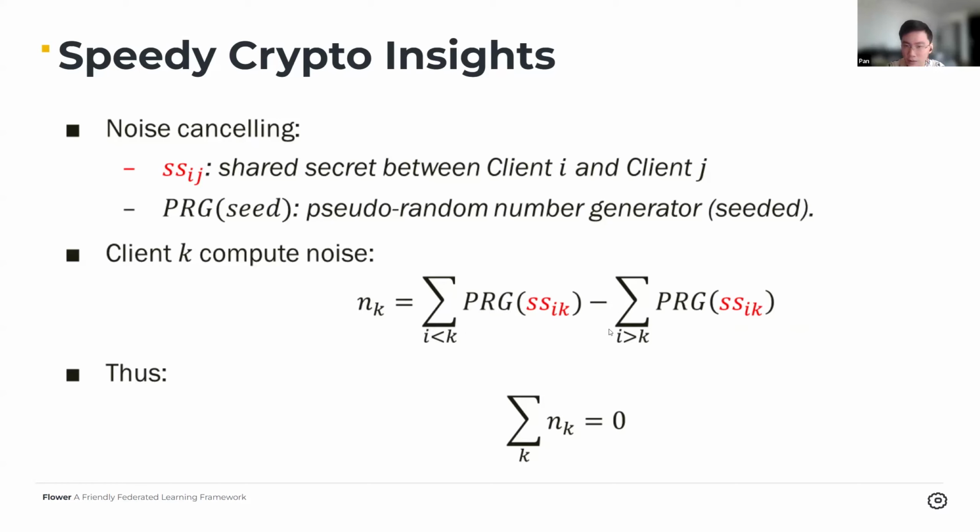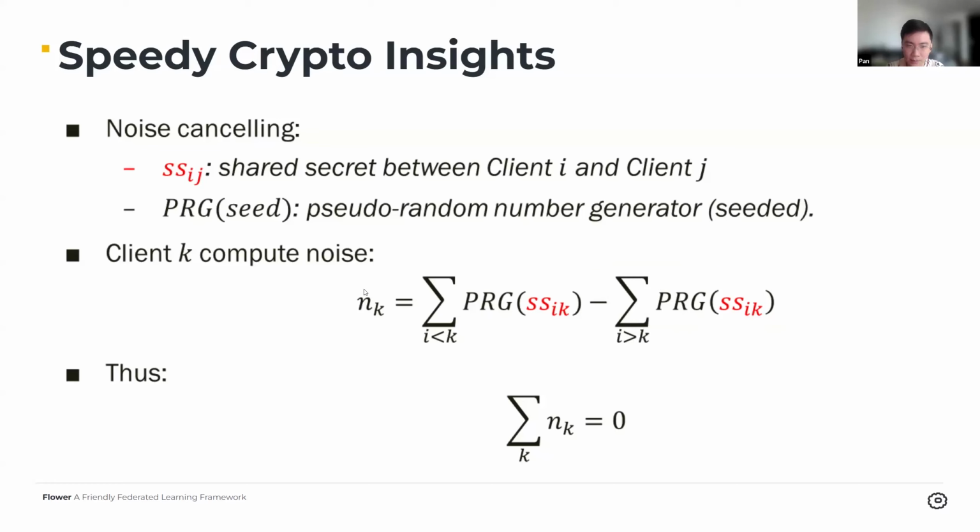But if the index I is bigger than the index K, then client K will subtract the noise from its original model update. This is the noise that will eventually be added to client K's model update by client K itself.